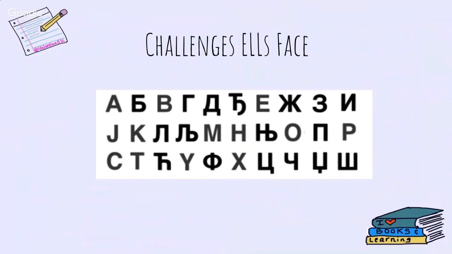And I don't see an L in this alphabet. So we may need to explicitly teach the child what an L is in English and the sound that it makes. There may need to be some explicit instruction on particular phonemes that we have in English that the child does not have in his or her native language.